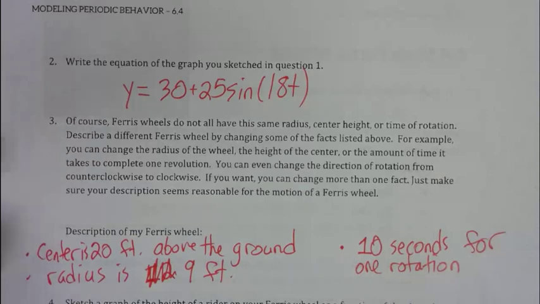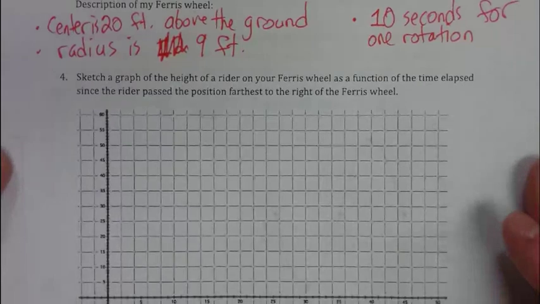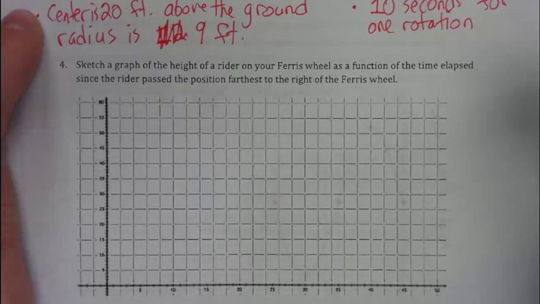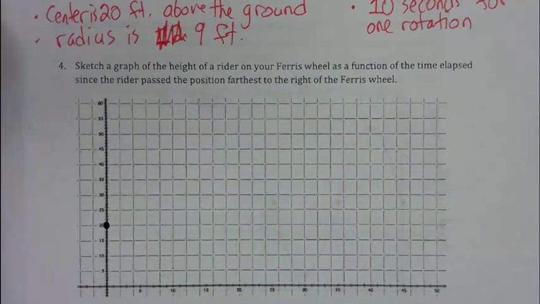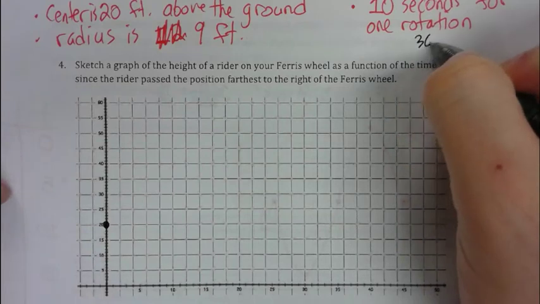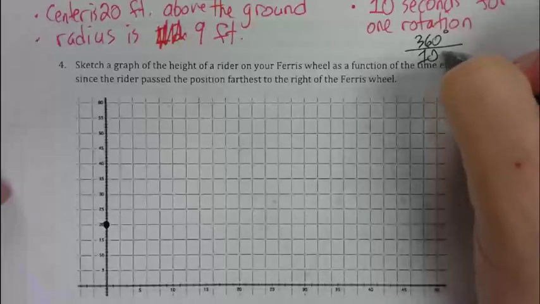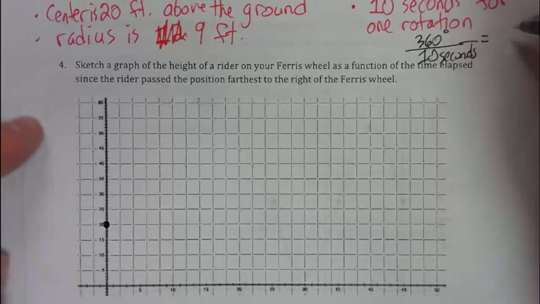So if we try to plot those points using that information, let's do that on our graph down here. We know that the center is at 20 feet above the ground, so 0 seconds in, we are at 20. Now if it takes 10 seconds for one rotation, well, 360 degrees divided by 10 seconds means we have 36 degrees in 1 second.